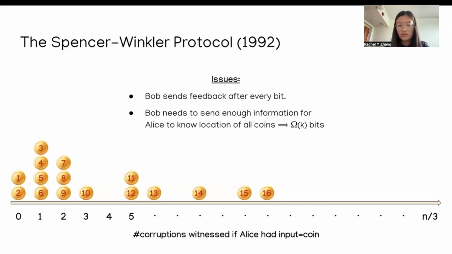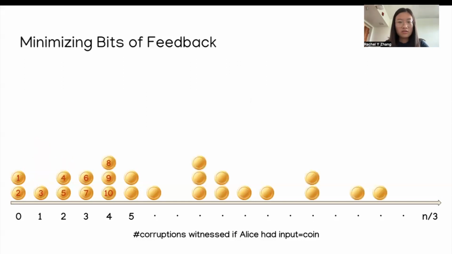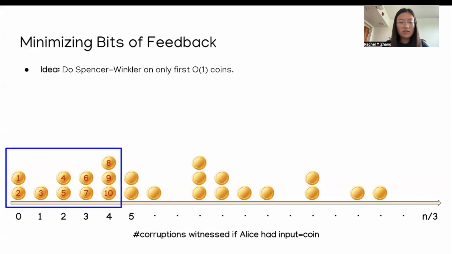So that's going to be our main issue. So let's see how we can minimize this number of bits Bob is sending as feedback. So the main idea is, what if we do Spencer-Winkler on only the first O of 1 coins instead of all the coins?